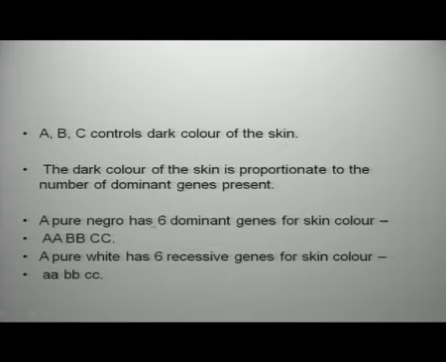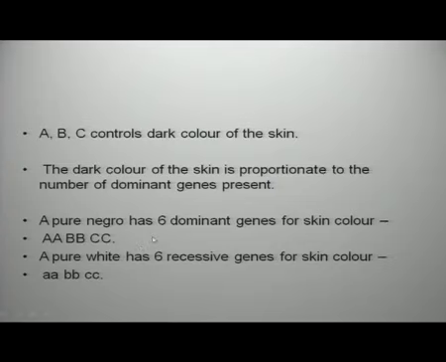A pure negro has 6 dominant genes for skin color and we can represent it as capital A, capital A, capital B, capital B, capital C, capital C. So, here 3 pairs of separate independent dominant genes are controlling the maximum dark color of the skin.